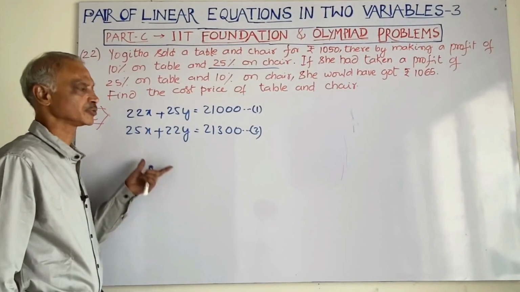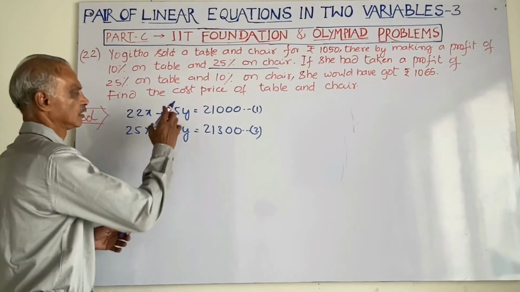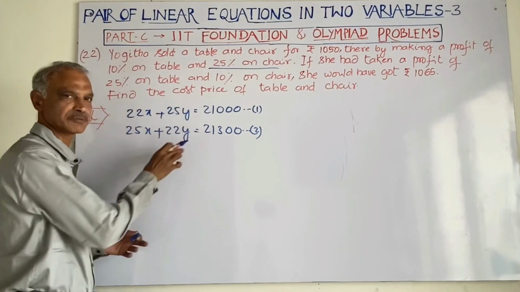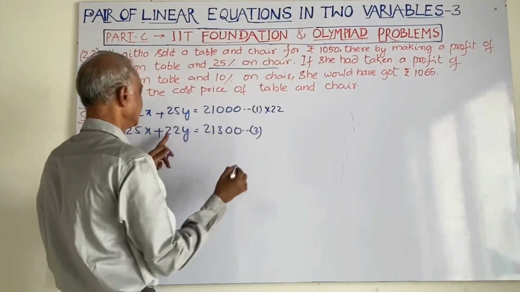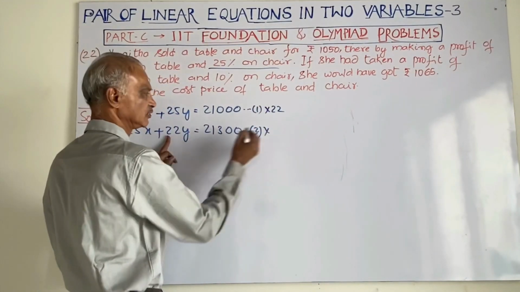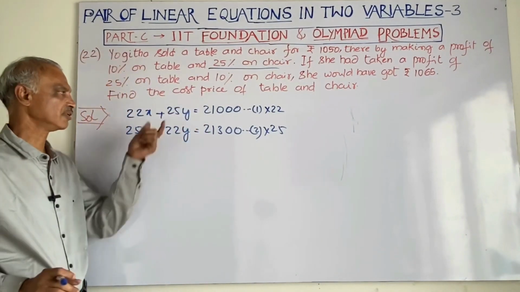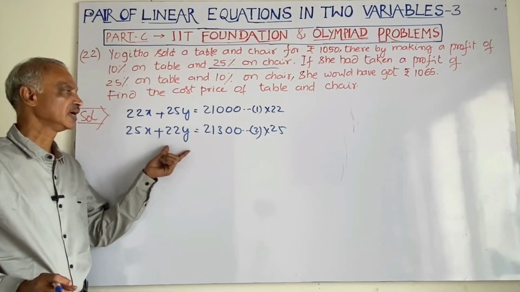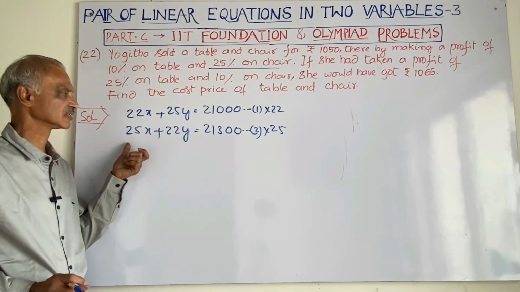Now solving these two equations, see, I want to make these two terms same, I will multiply this with 22 and this with 25, so that I want to make these two terms equal and cancel. Then you will get the value of x.